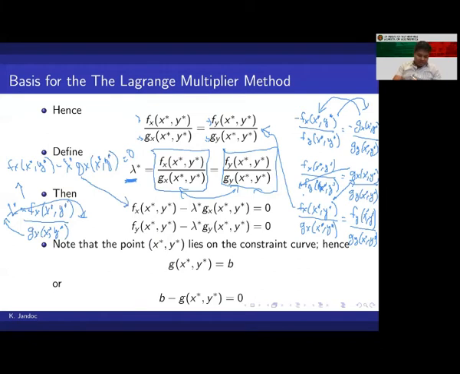In the same manner, take lambda star equal to f_y(x*, y*) over g_y(x*, y*).